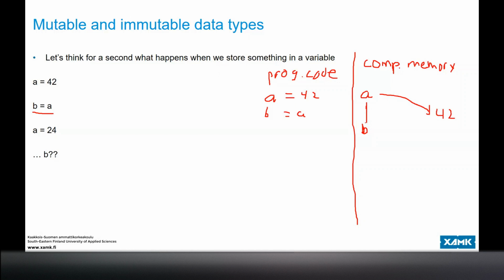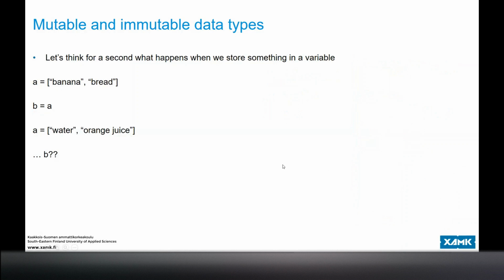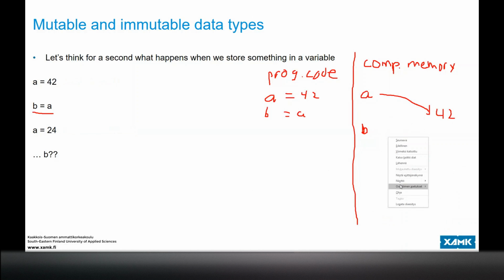So it's going to associate B to A. Well, that's not exactly how it works. It's instead going to look at what A is, but then it's going to figure out where A is pointing to, and make the same kind of association to this value here.